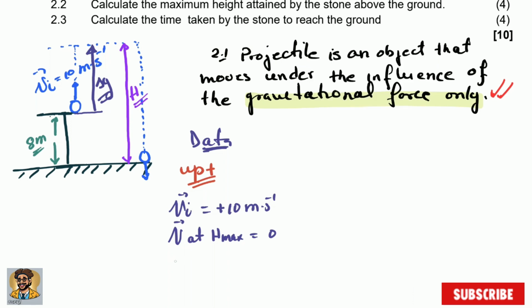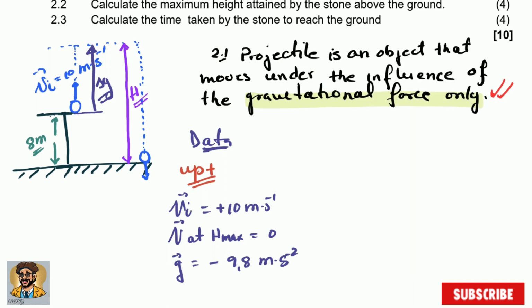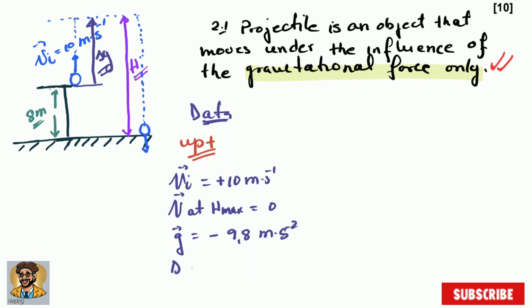The acceleration due to gravity is equal to minus 9.8 meters per second squared, minus because it is pointing down, and then we are looking for the displacement. So this is the data we have.